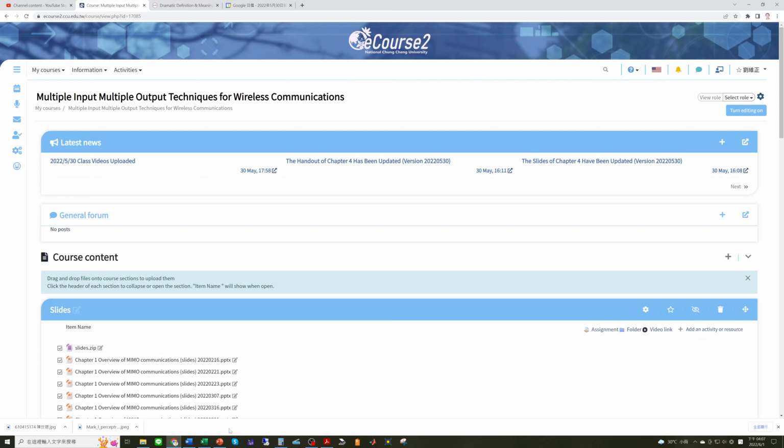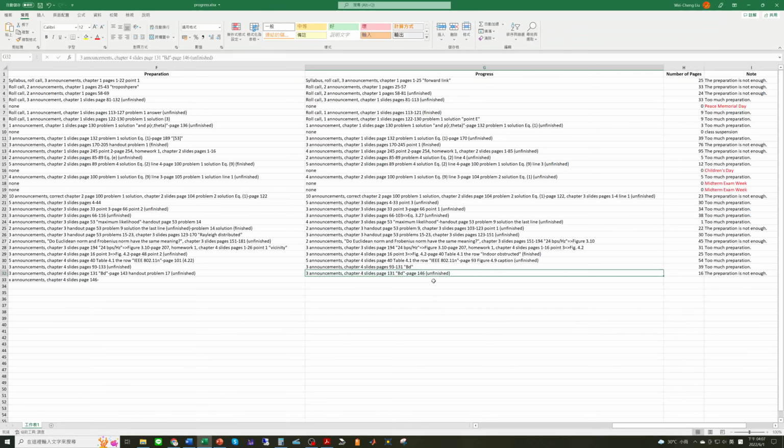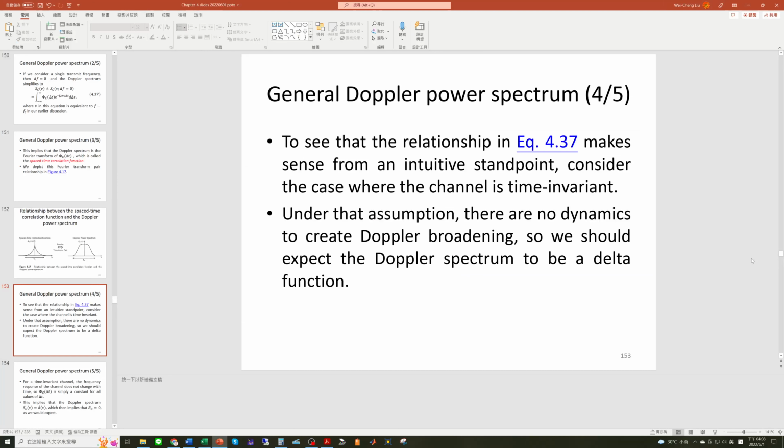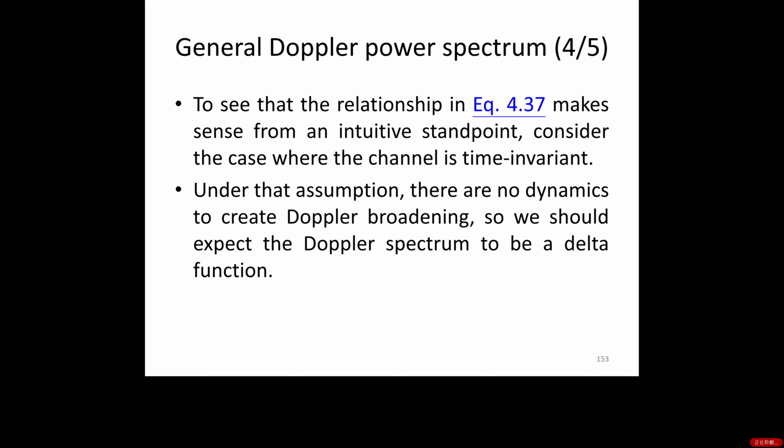Okay, let us see the progress of the last class. In the last class, we taught up to chapter 4 slides, page 146, which is unfinished. Okay, let us go to page 146.